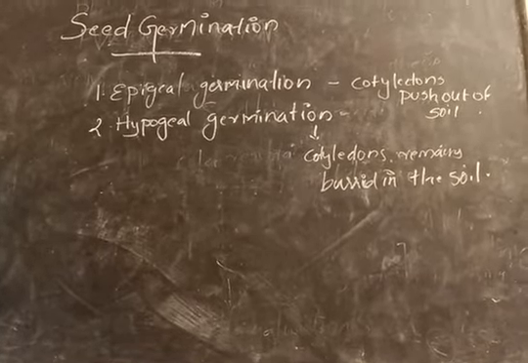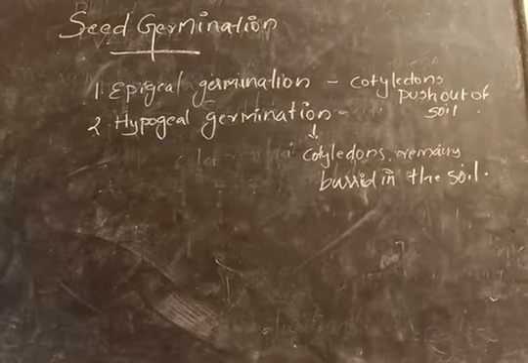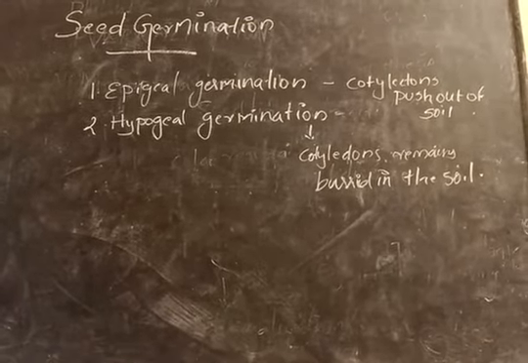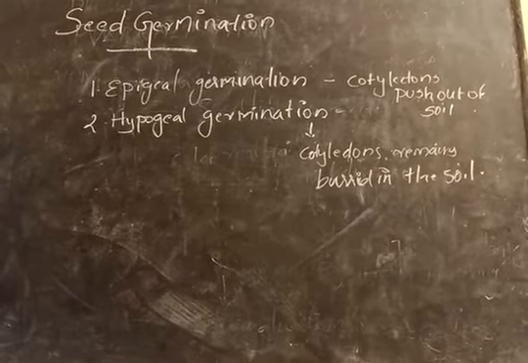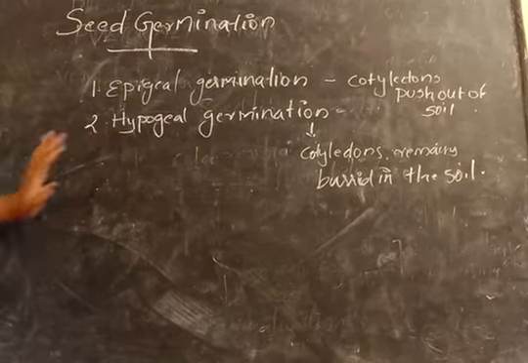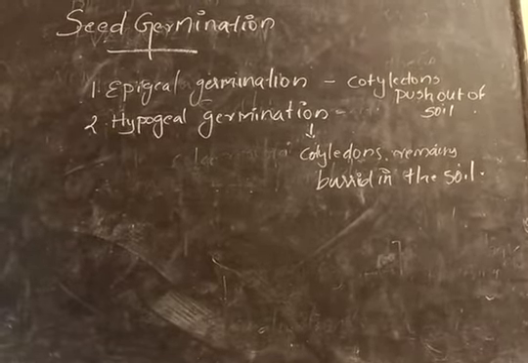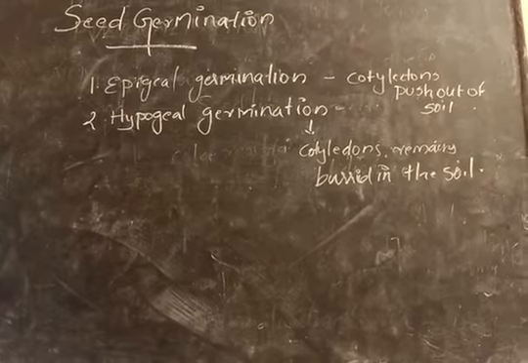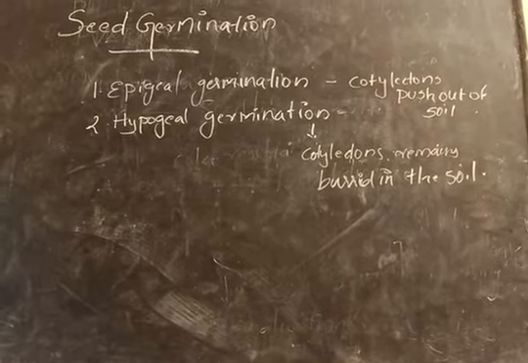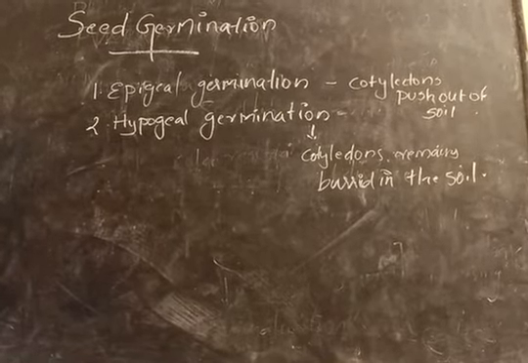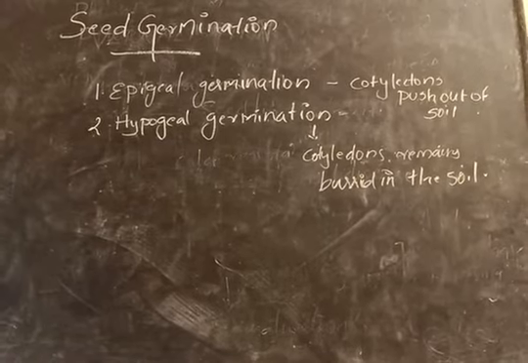In epigeal germination, this happens due to the elongation of hypocotyl, whereas in hypogeal germination, this happens due to the elongation of epicotyl. So these are the two different types of germination, and the examples are given in your textbook.